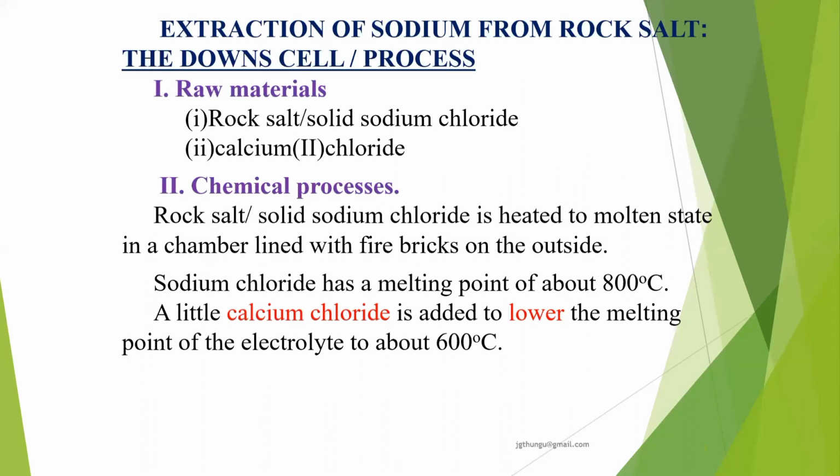So have in mind how the arrangement of an electrolysis setup looks like. There is that one in Form 2, which is a very common electrolysis of lead II bromide. Heat must be there. There are electrodes, mostly made up of graphite, that is carbon.